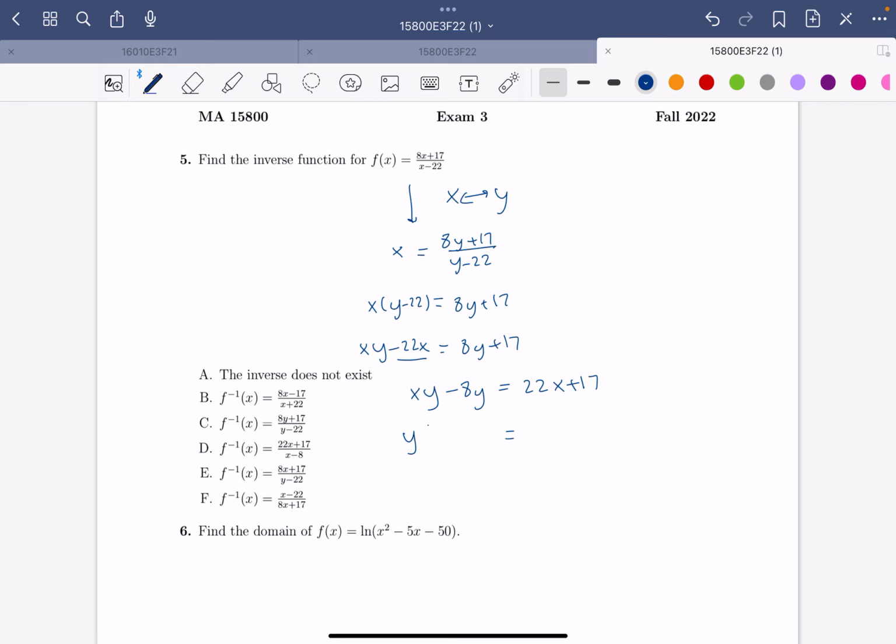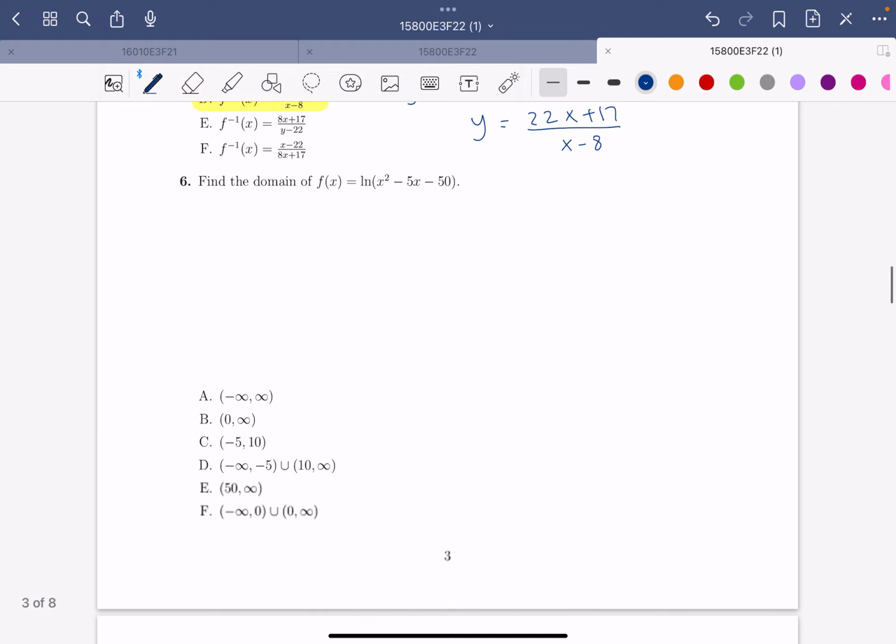So we get y times x minus 8 equals 22x plus 17. And then we can divide out the x minus 8 to isolate that y to find our inverse function, which gives us 22x plus 17 over x minus 8. Let's go ahead and look at the answer options. It looks like this option matches the answer of D, 22x plus 17 over x minus 8.